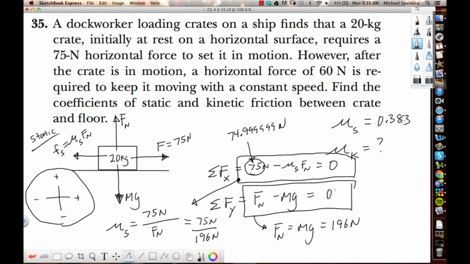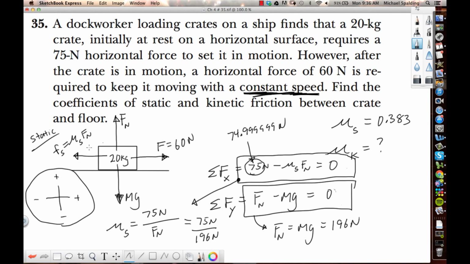Okay, so then the second part of the problem. They tell us that once the crate is in motion, the force required is 60 newtons to keep it moving with a constant speed. What are they telling you here with these words? Constant speed. If something moves with a constant speed, the acceleration is 0. So it's the exact same setup, but instead of this being 75, it's now 60.